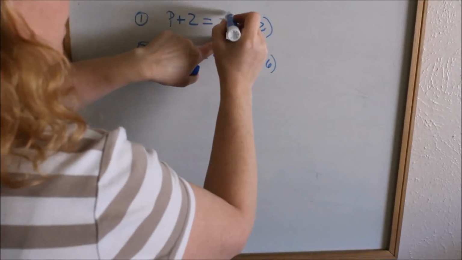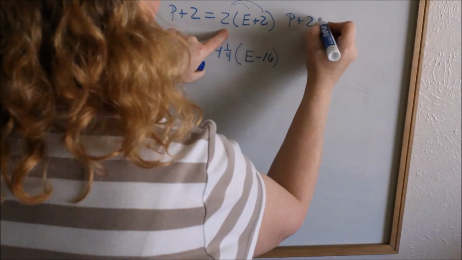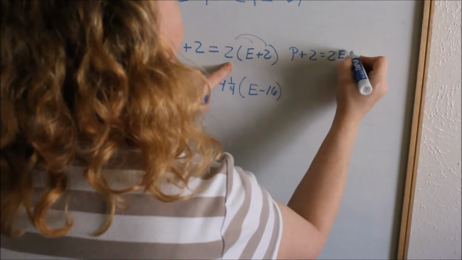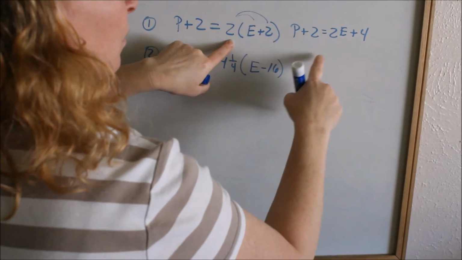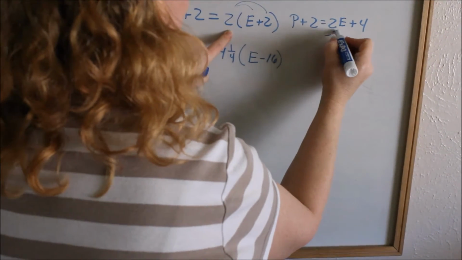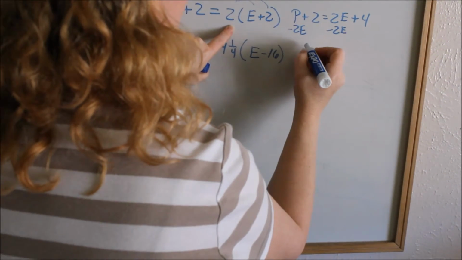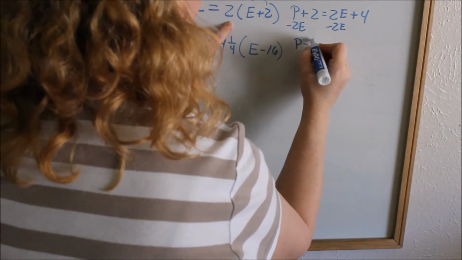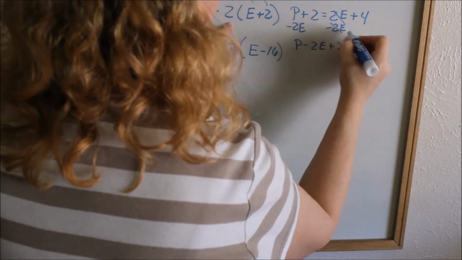Okay, so for this one, I'm going to distribute that. So I've got P plus 2 equals 2E plus 4. Okay, I'm going to get my letters on one side and numbers on the other side. So I'm going to move my 2E over. Can't combine P's and E's, so I'm going to write P minus 2E plus 2 equals 4.